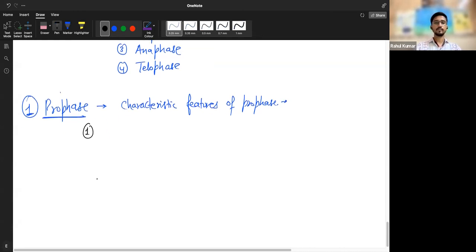First thing that happens in prophase is that the chromosomal material, when the nuclear membrane is intact, inside a nuclear membrane, chromosomes feel like they are at home, and in the homely environment, we do not carry ourselves in a very compact manner. It's like spread. Like if you see my room, everything is present somewhere or the other.